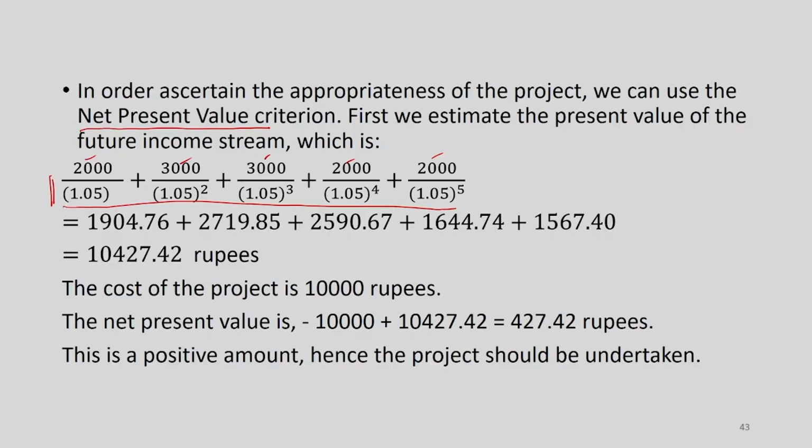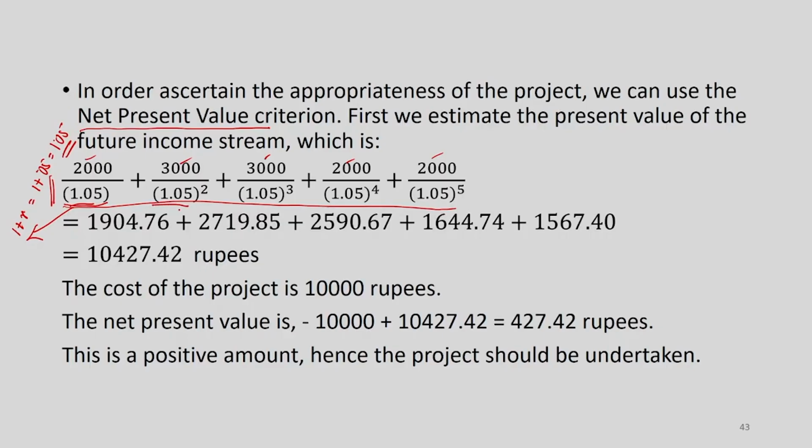We have divided that by 1 plus r. Here this number 1.05 is nothing but 1 plus the rate of interest r. In this case, it is 1 plus 0.05, which is 1.05. So that's why in the denominator you can see 1.05.